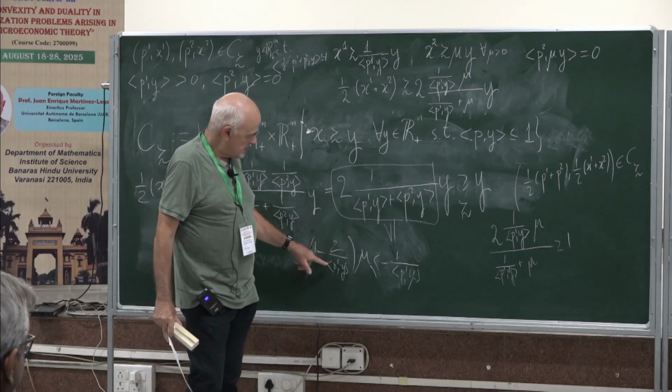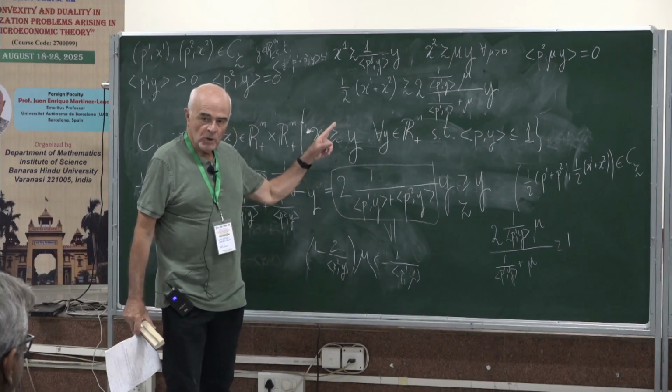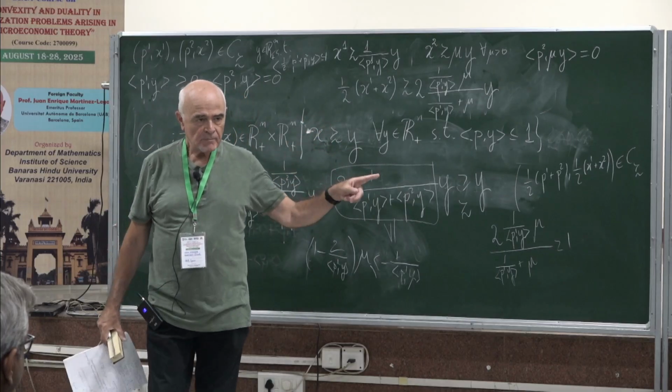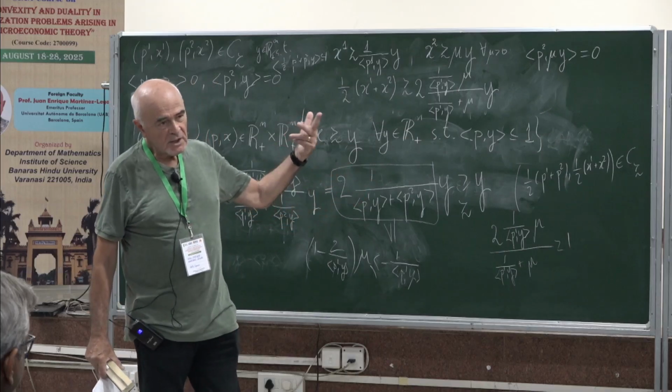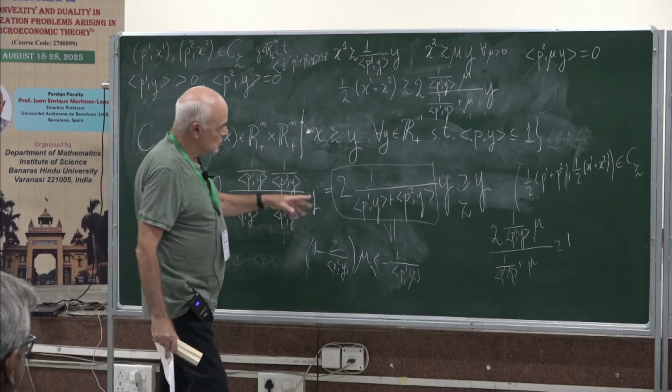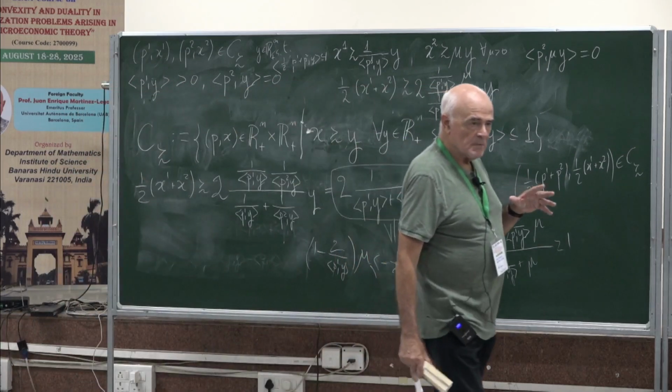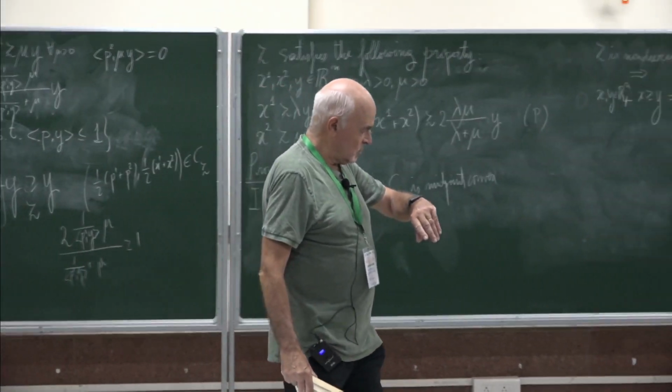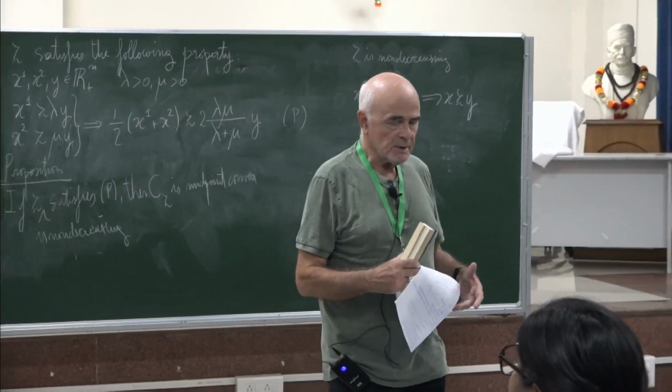So if this is 0, as before we have a problem. So we have to distinguish subcases. If this is equal to 2, so it was not so simple as I was considering.